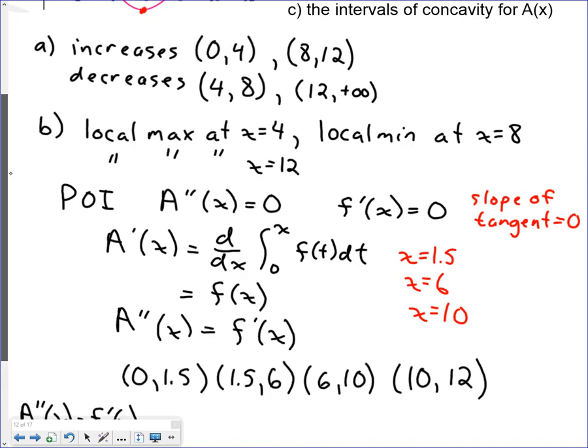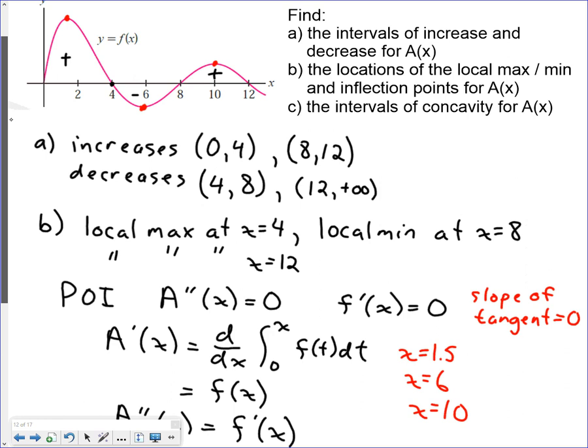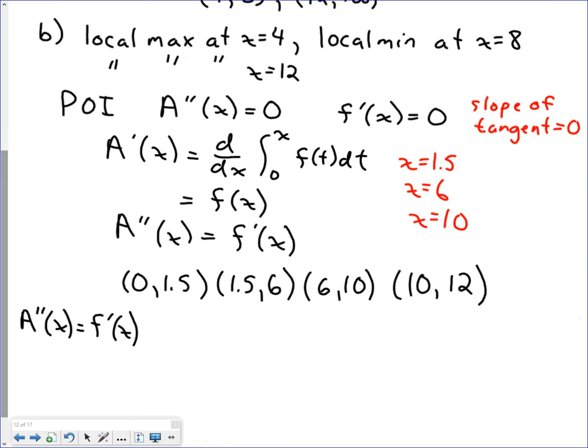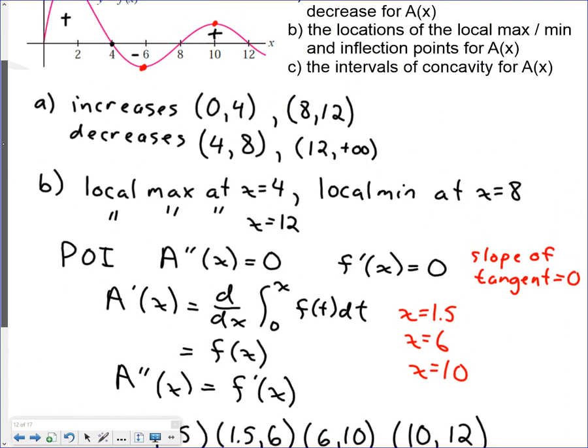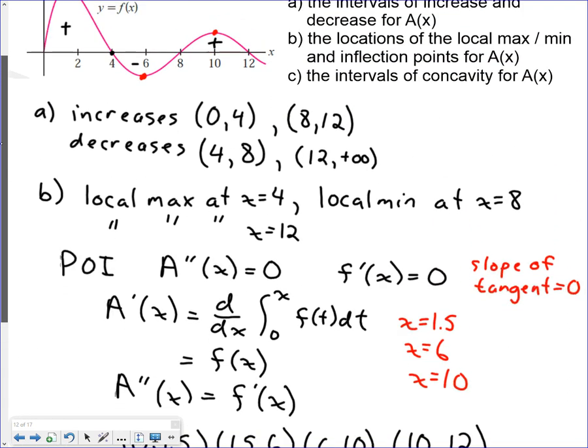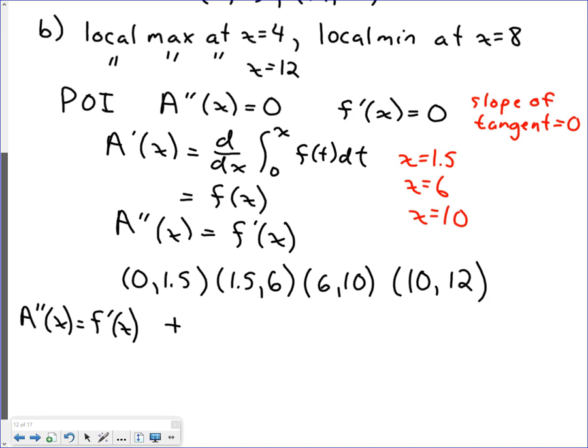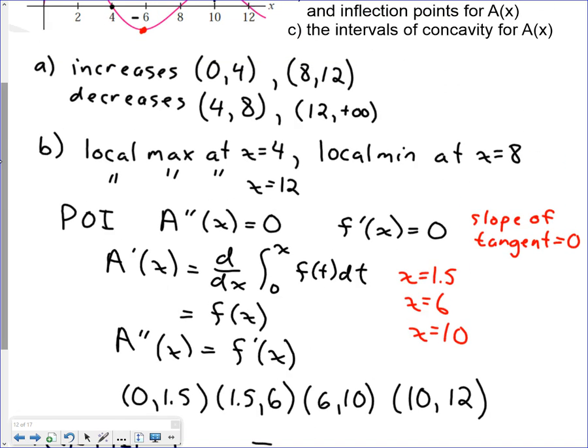Interpreting f prime at x as the slope of the tangent, if we look at our graph, from 0 to 1.5, the curve is increasing. And if we imagine drawing a tangent to it, the tangent is going to have a positive slope. From 1.5 to 6, the curve is decreasing, so the slope of the tangent is going to be negative. From 6 to 10, it's going to be positive again.